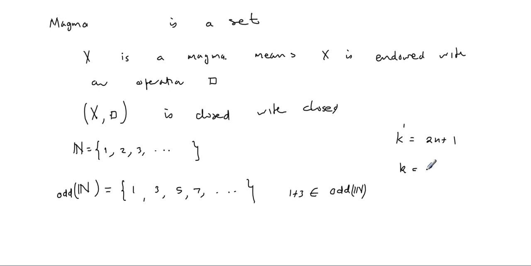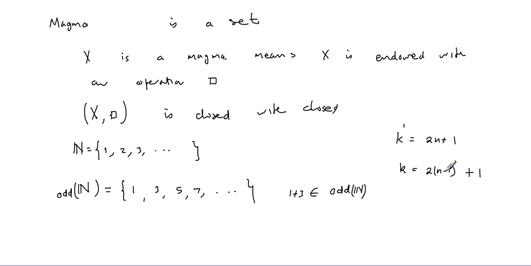Isn't it 2n minus 1? Is this an odd number? This is an even number, isn't it? Yes, that's an even number. So then let's add the 1. This is an odd number. These two numbers are odd. So basically this is the same as 2n minus 1.